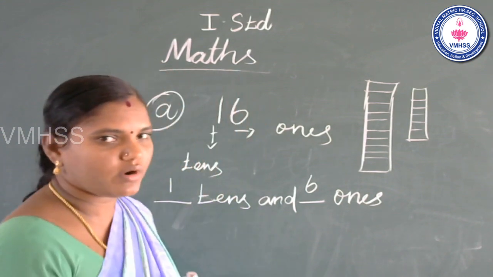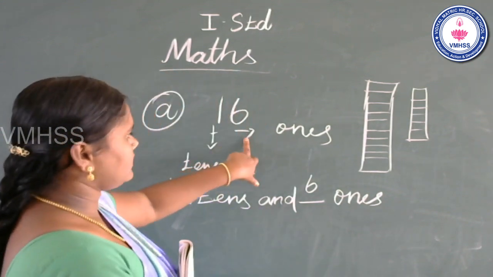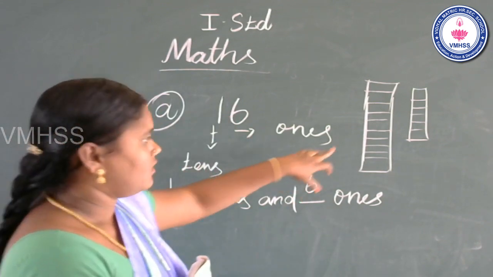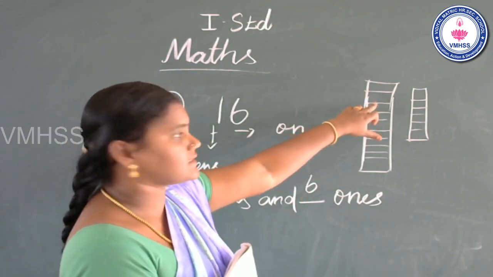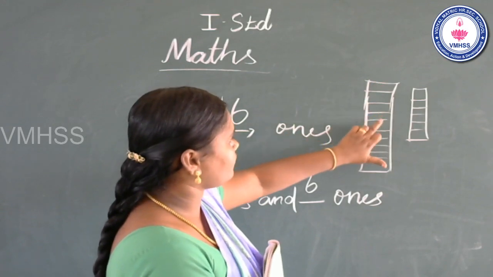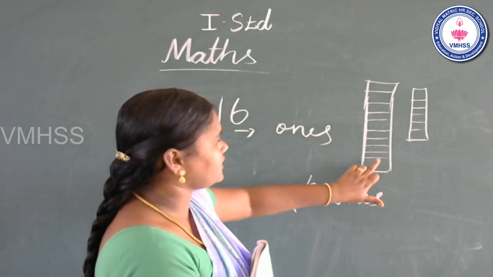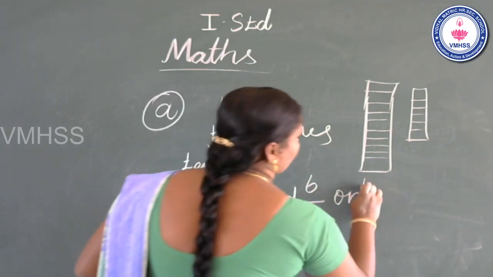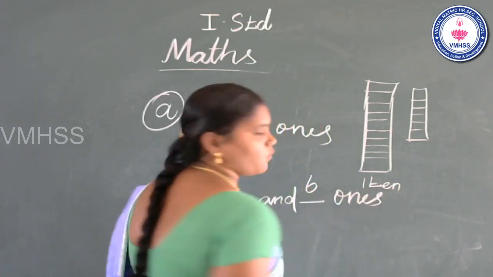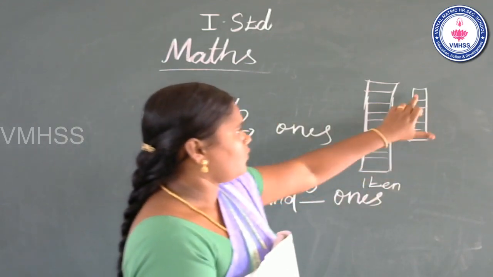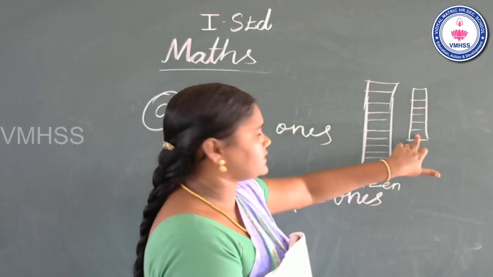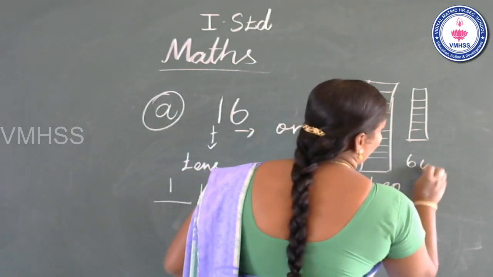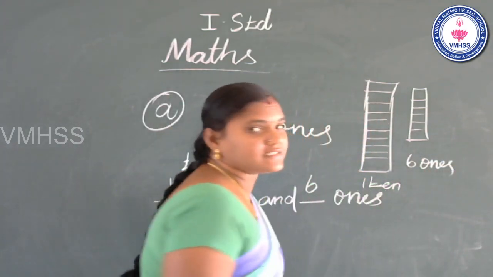Students, look at the board now. 16. 6 is the ones place. 1 is the tens place. Let us draw the blocks. 1, 2, 3, 4, 5, 6, 7, 8, 9, 10. 1 ten. Then 1, 2, 3, 4, 5, 6. 6 ones.